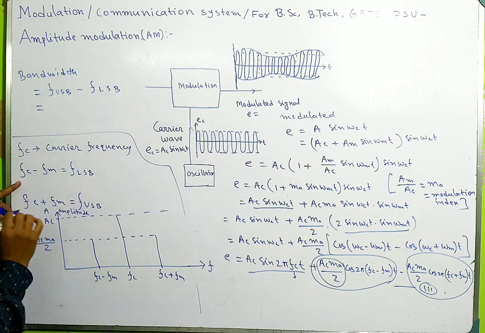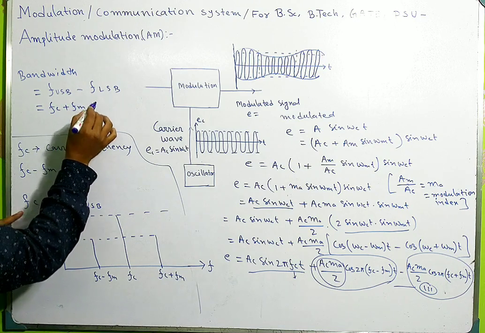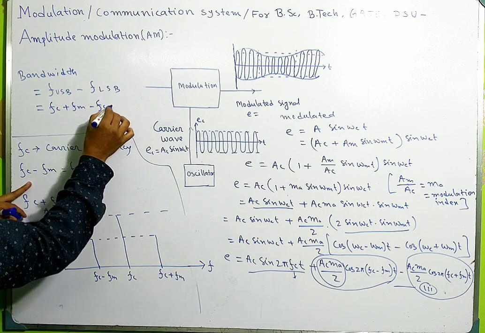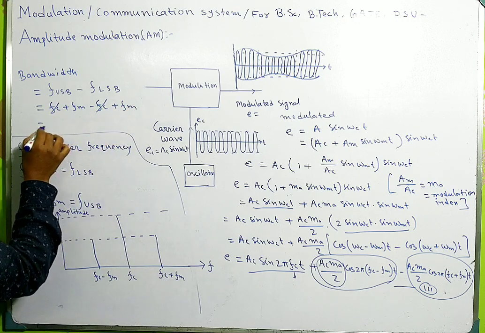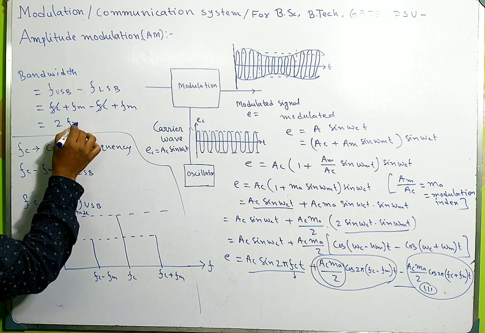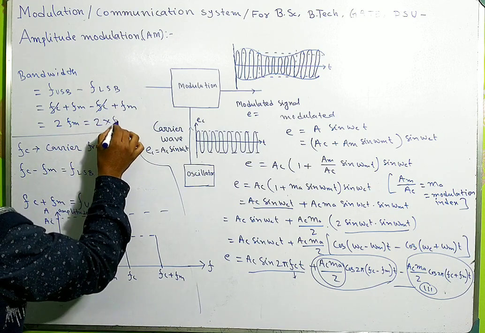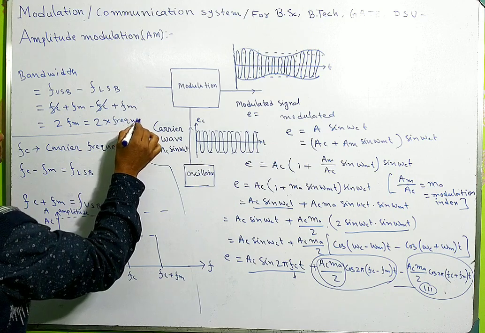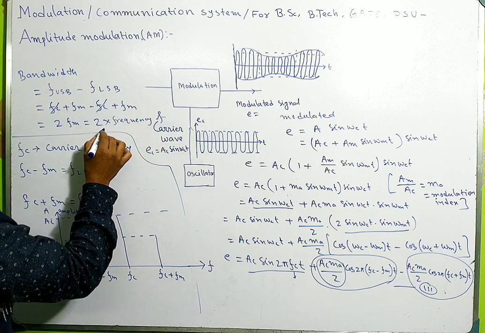So it will be f_c plus f_m minus f_c minus f_m. So f_c cancels out, and we get 2 into f_m, two times the frequency of the modulating signal.